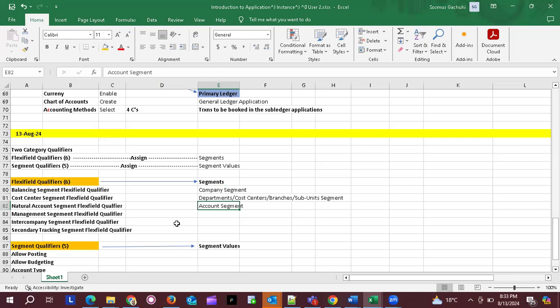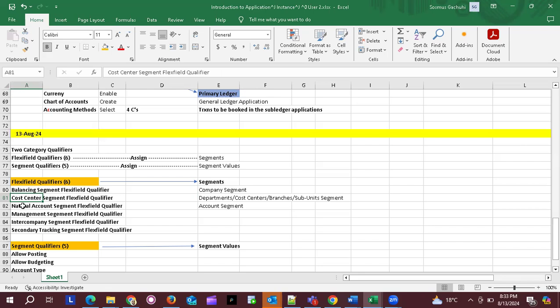So the moment you assign balancing segment to the company segment, it will take the characteristics of the balancing segment Flexfield qualifier. The moment you assign cost center to the departments or cost center or branch or subunit segment, it will take the characteristics of the cost centers segment Flexfield qualifier.